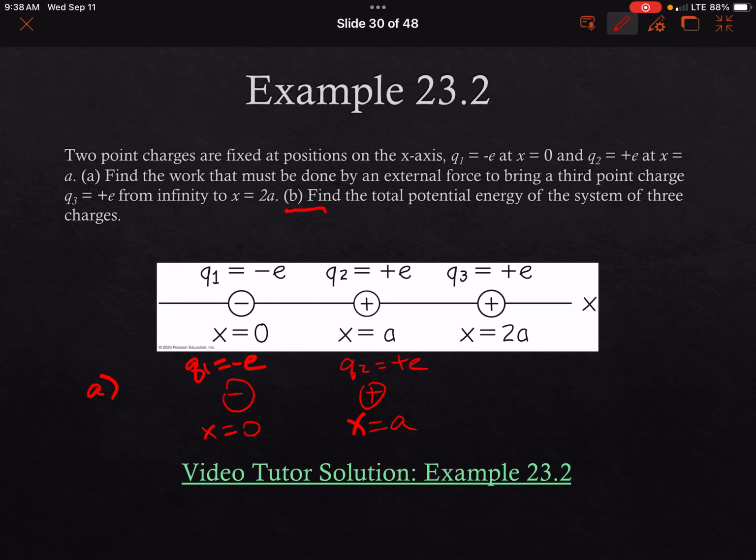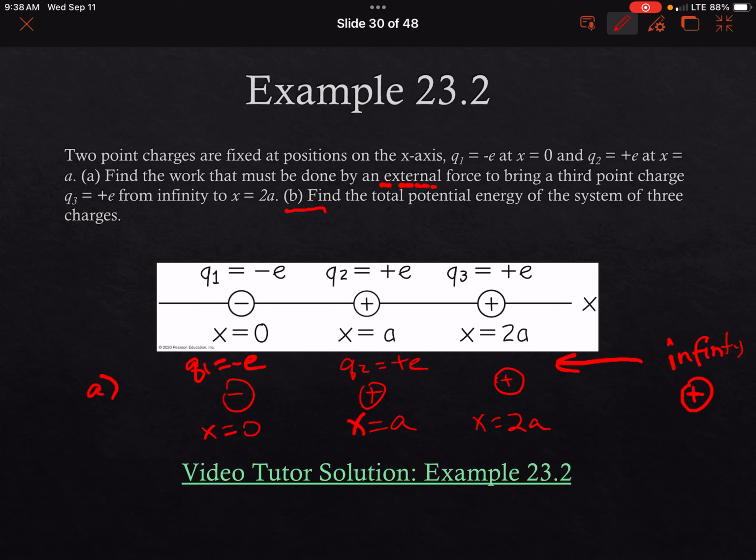Find the work done by an external force, that word's going to be important, by an external force to bring a 3rd-point charge, Q3, from infinity, let's put infinity over here to the right, to x equals 2a.